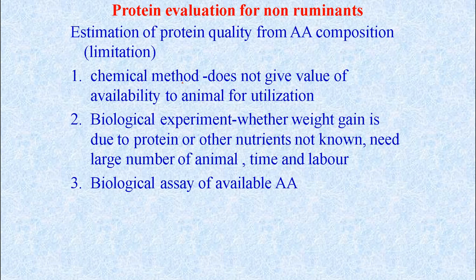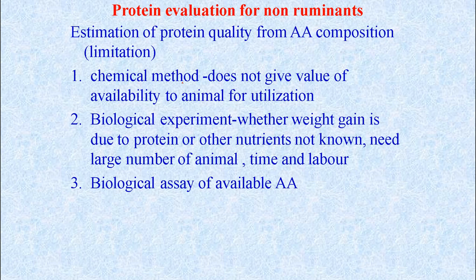So this is one type of in vitro estimation. Whereas biological experiments, where weight gain is due to the protein or other nutrients, need a large number of animals, time and labor, and also animal ethics permission. All these things are there to calculate the protein evaluation for non-ruminants.